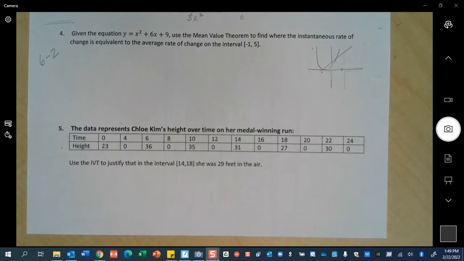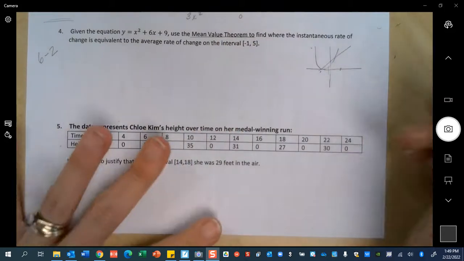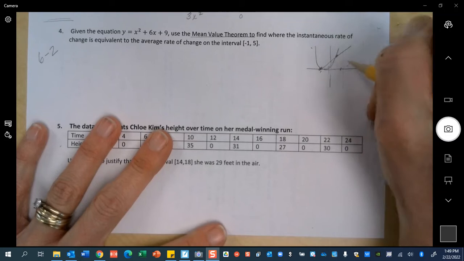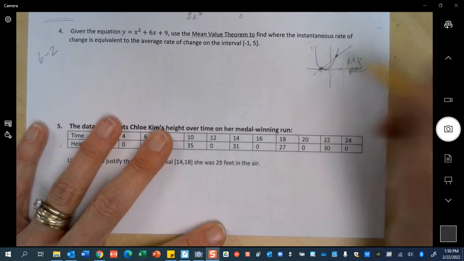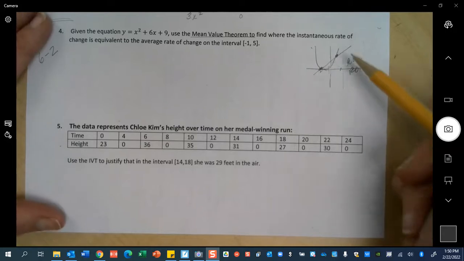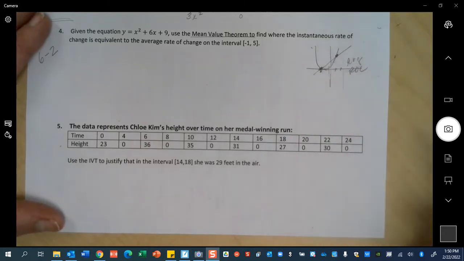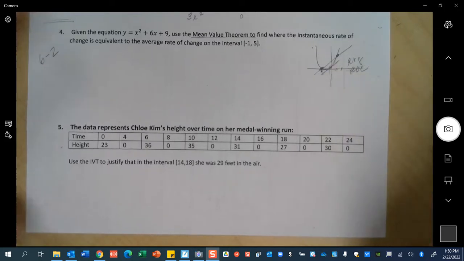Okay, so MVT, your mean value theorem, says if you have a function and you find your average rate of change is basically your slope of a secant line. If it intersects a graph twice, it tells you there is going to be between these two values a time when the slope of the tangent line, when that instantaneous rate of change matches the average.